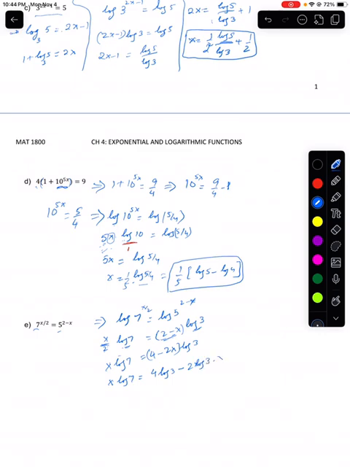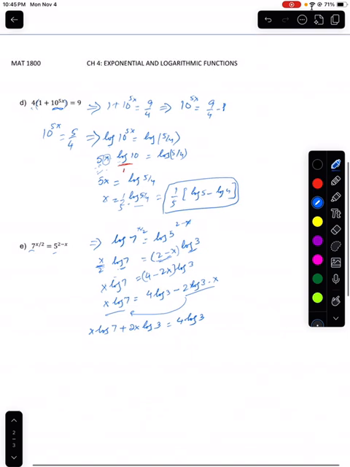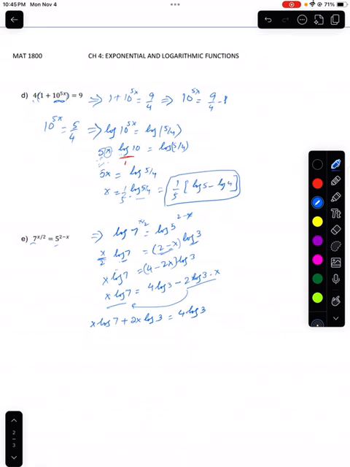So now see, this term has x and this term has x. So I will bring this term on this side. So I get x log 7 plus 2x log 3 equals 4 log 3. So 4 log 3 does not have any x in here, so it will stay on the right hand side.